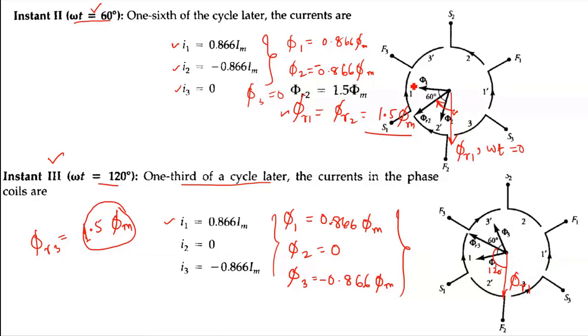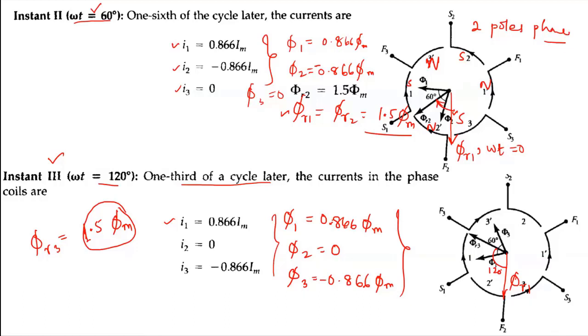Suppose I mark it as north pole, this is south pole, and this is north pole, this is south pole, right? So we can see there are two poles in each phase, that means one pole pair in each phase. So I can write here that there are two poles per phase.